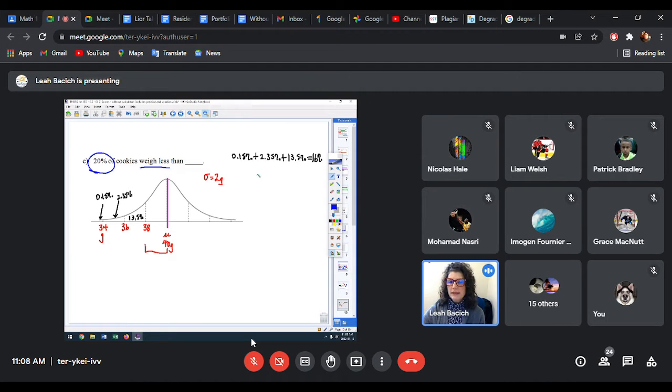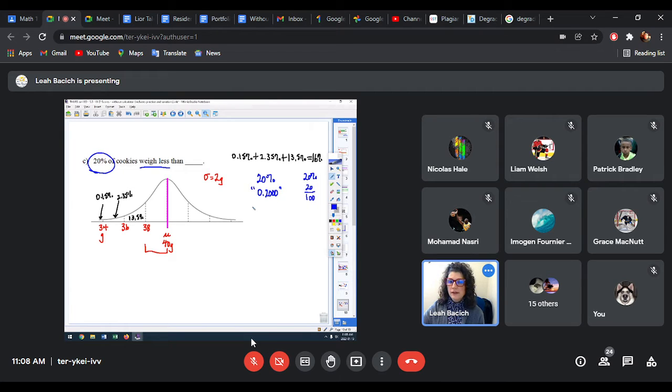Okay, so 20%. Yesterday's class, we talked about the 5% making it a decimal so we could look at the table. So this will be 0.2000, because I showed you yesterday 20% would be 20 over 100.